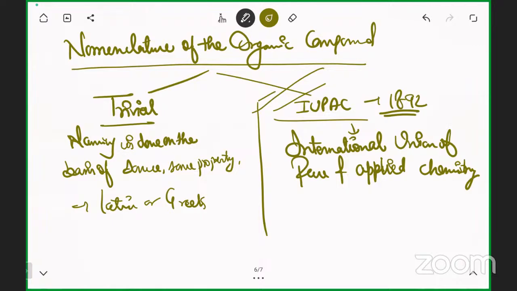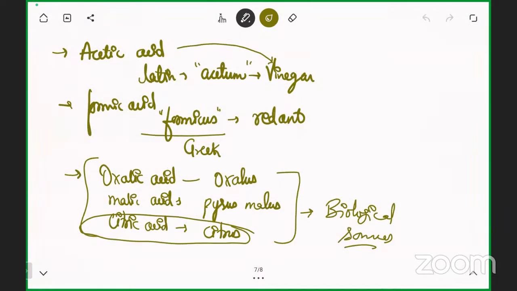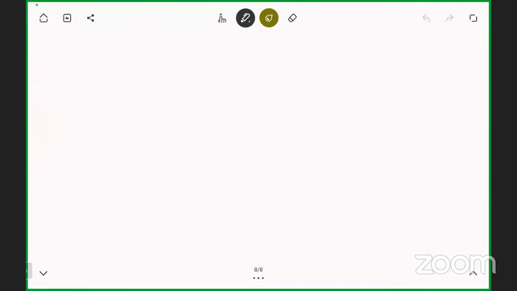The first thing we have to learn under IUPAC is the root word. I think all of you have done this in class 10th.